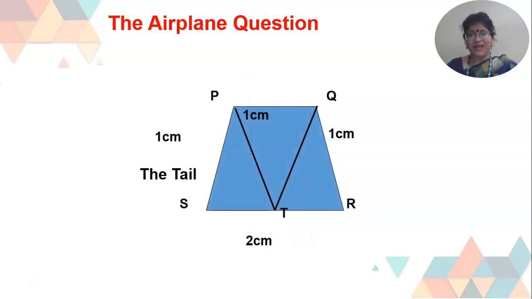The base of the plane, that is the tail of the plane, and we use the formula area of one equilateral triangle multiplied by 3. If you remember, we divided this trapezium into 3 equilateral triangles by proving that it is a parallelogram first. I want you to go through those video lessons and practice it.